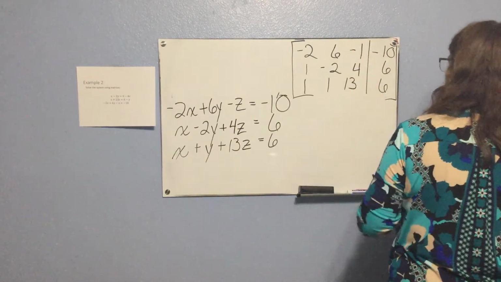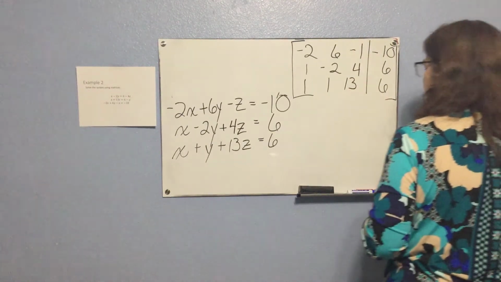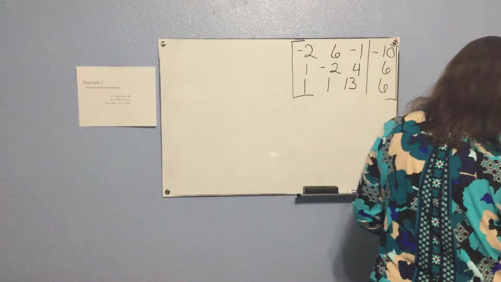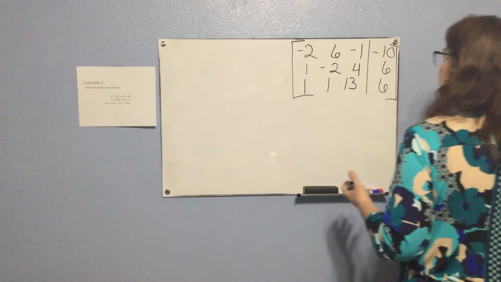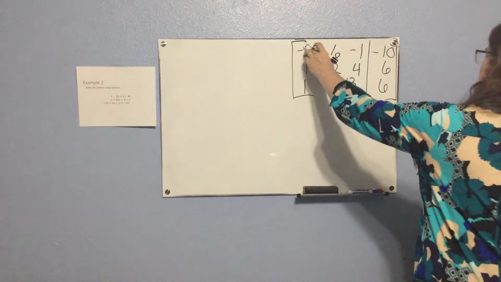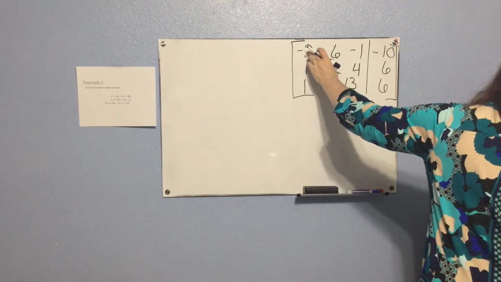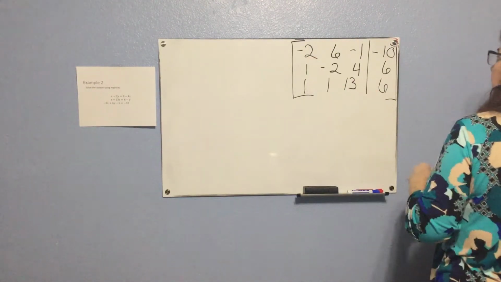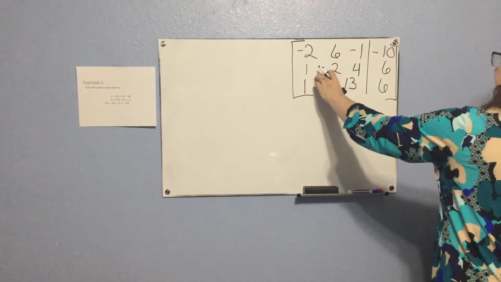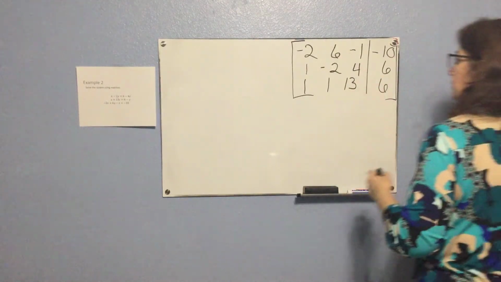And there's our line to show the augmented part. Now to work on this matrix, the first thing I want is a 1 up in this corner. So I'm going to take this second row and interchange it with the first row.